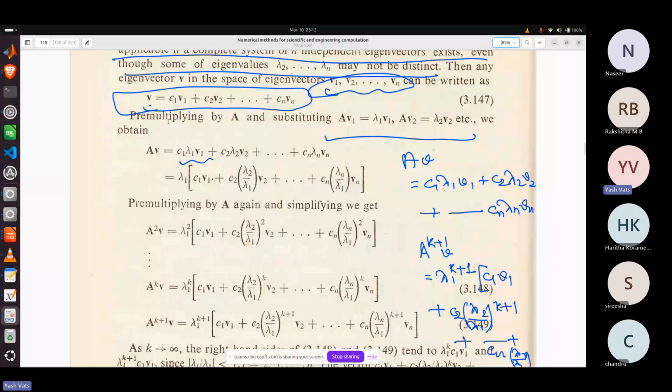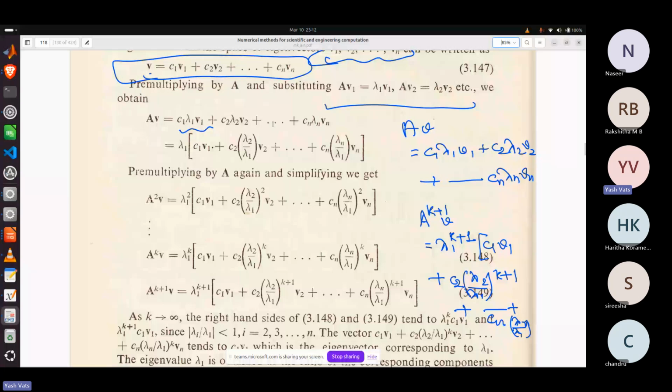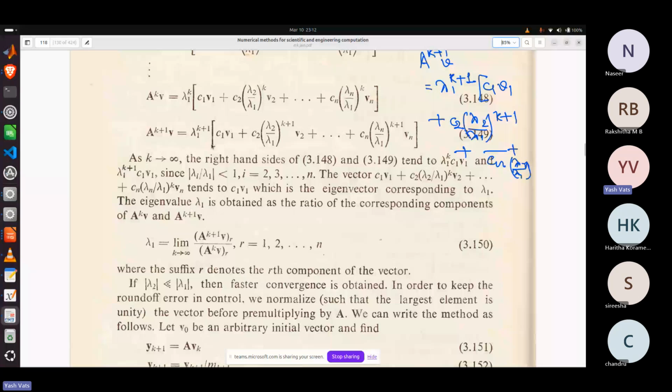Then you multiply A by V1, which is an eigenvector, so A V1 is lambda 1 V1, A V2 is lambda 2 V2, and so on. Since V is like this, A V you can separate like this, and hence you get A to the k plus 1 V in a similar way. I think I need to show you the working of the method.